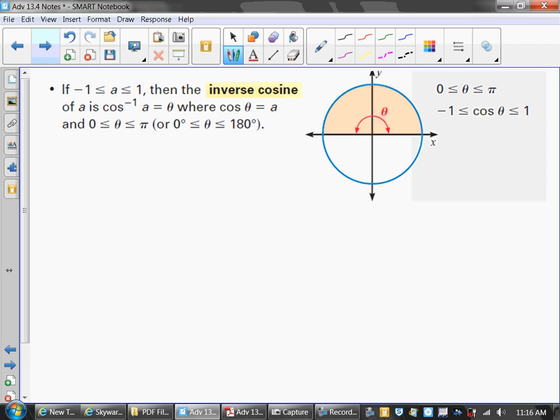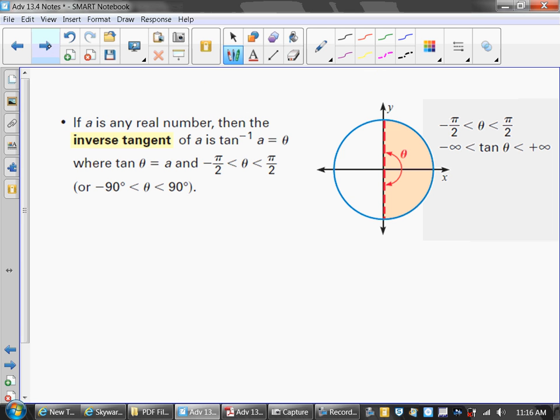That's in quadrants 1 and 4. Cosine is in quadrants 1 and 2. And then the tangent function, if I'm not mistaken, was also 1 and 4, but it cannot equal 0.